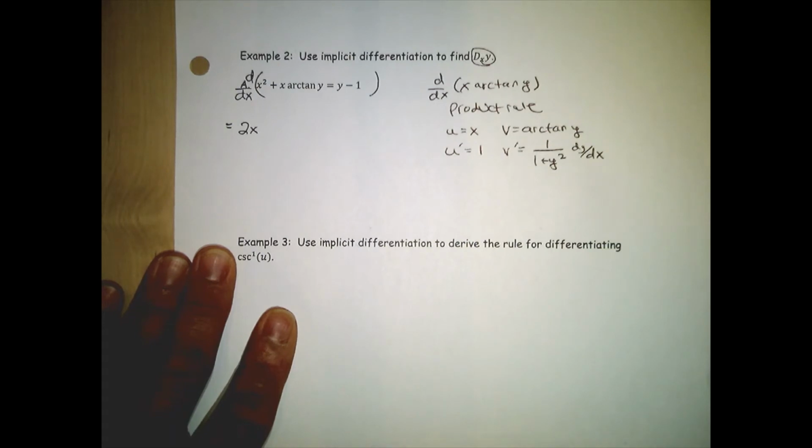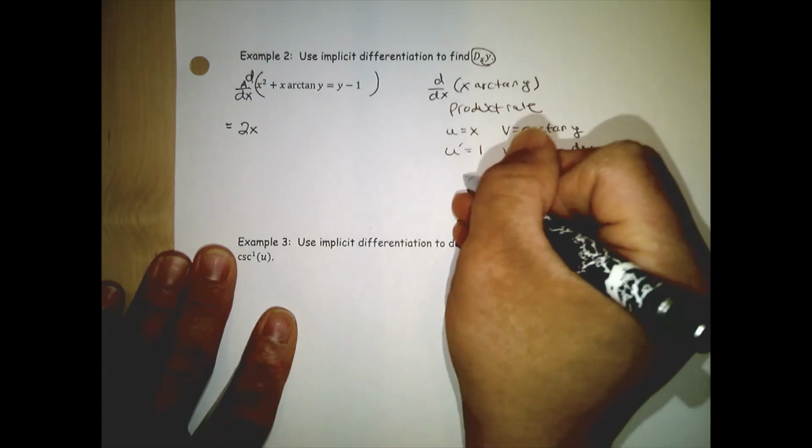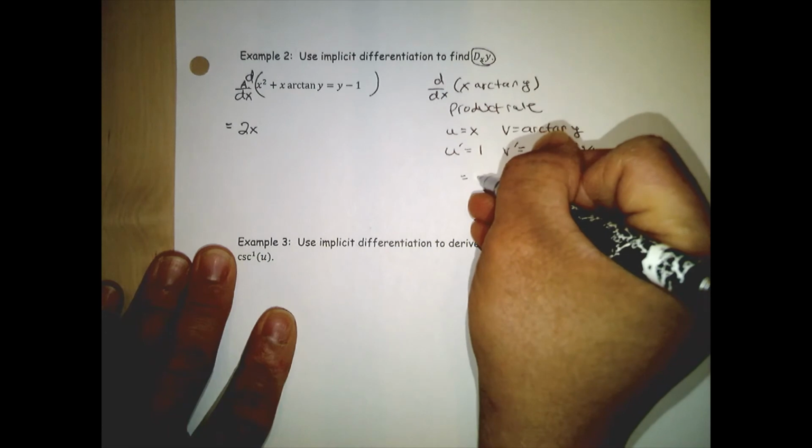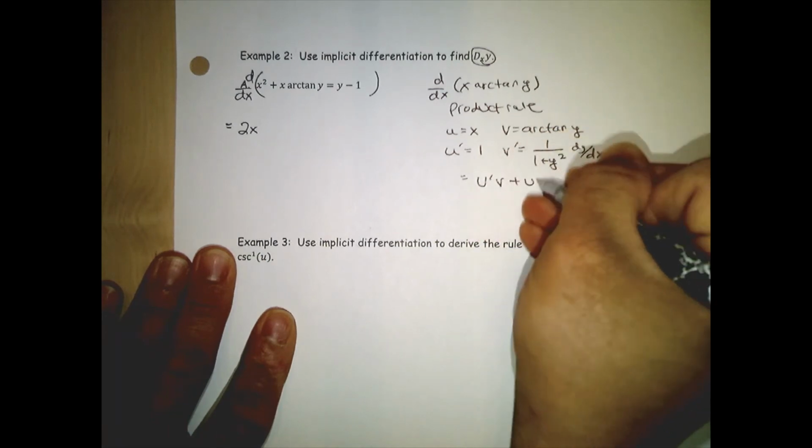All right, so now we know using the product rule, this will be u prime v plus u v prime.